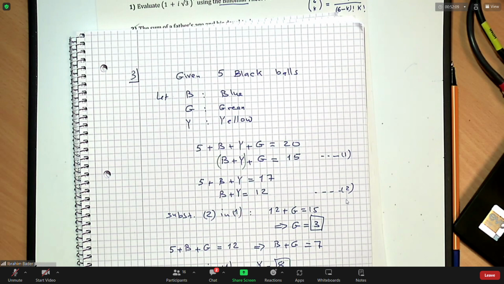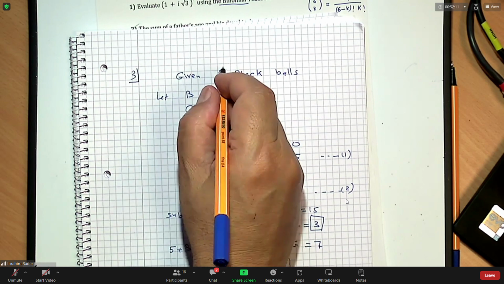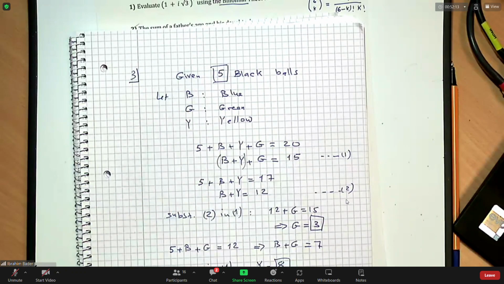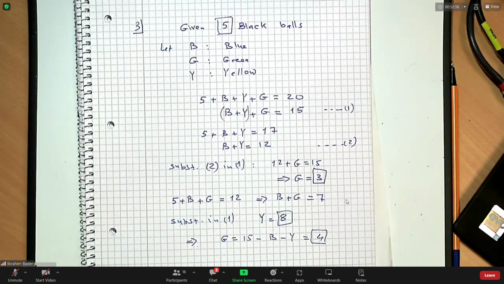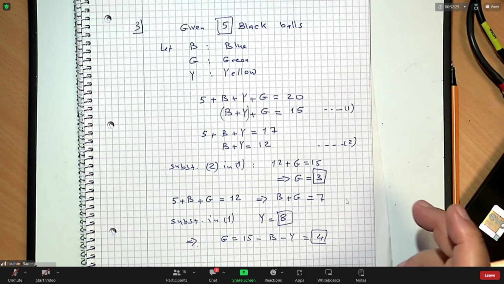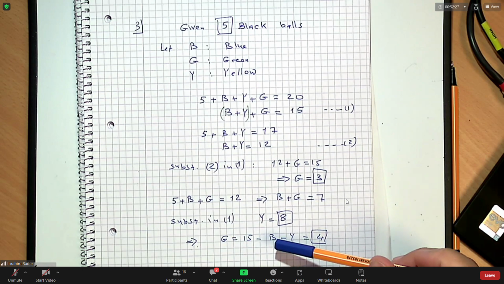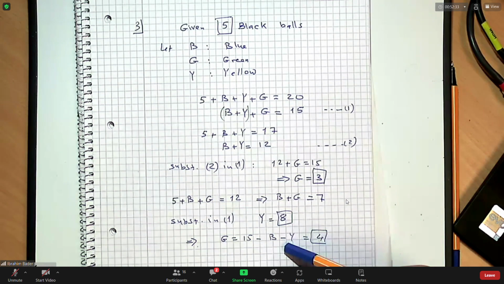Okay, so no, this is blue. No? We said we have 8 yellow. Sorry, 8 yellow.